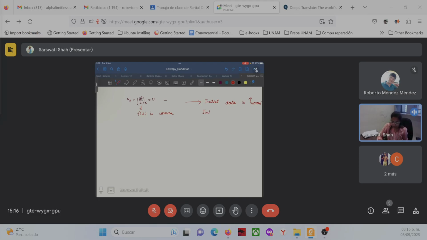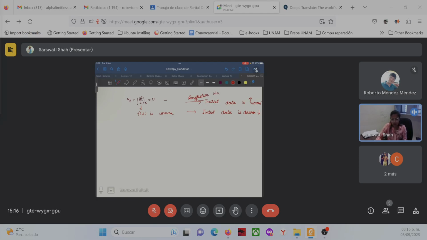Now if the initial data is decreasing, the slope is going to change. Firstly the slope will be higher, like tan theta will be higher, and then tan theta is going to decrease. So for sure they will coincide. So there are two conditions. This gives the rise of a rarefaction wave.